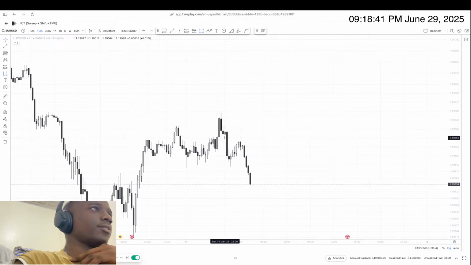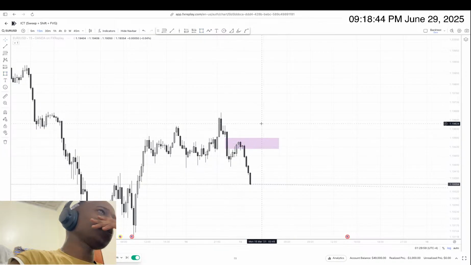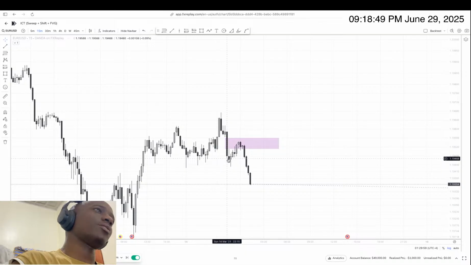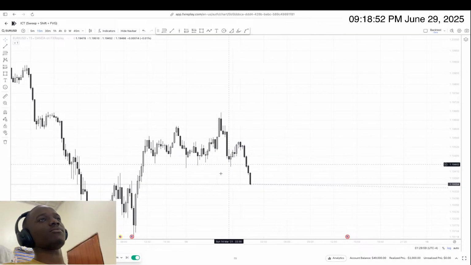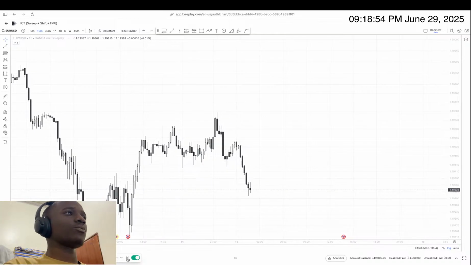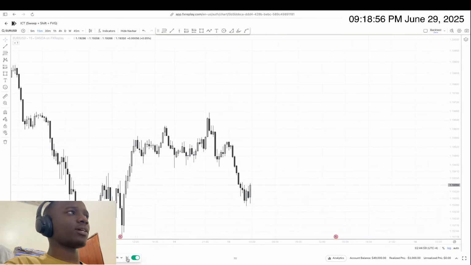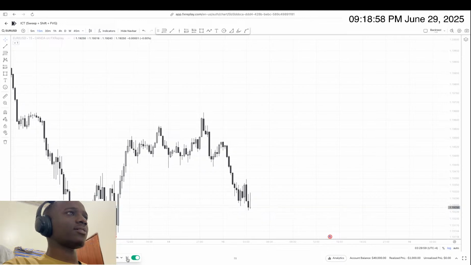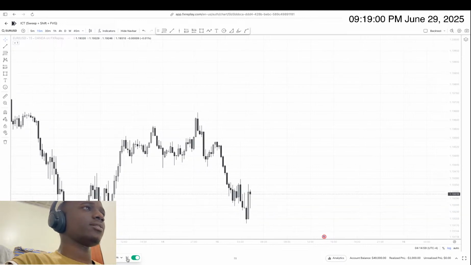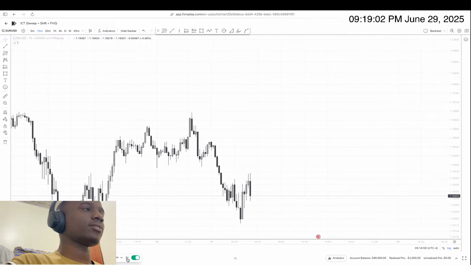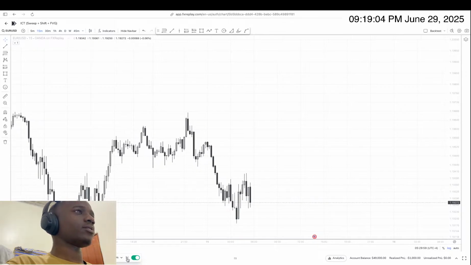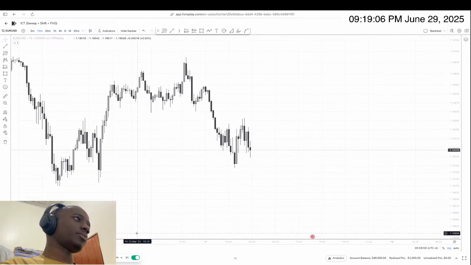I refused to take it, because we have the sweep shift here, retracement, but obviously I'm not active at this time of the day. So if I know that's not a kind of entry I'll take, then why would I try to take it? So I'm still anticipating a drop.